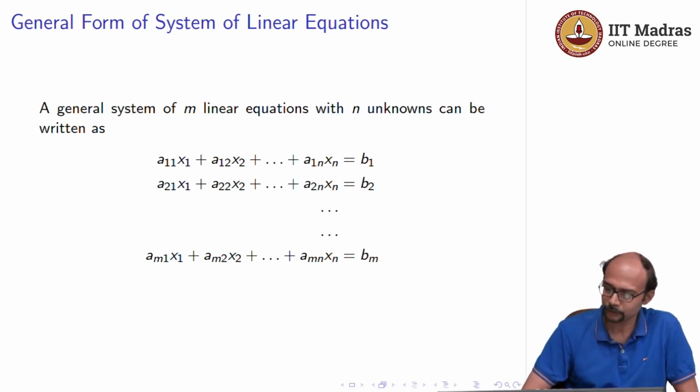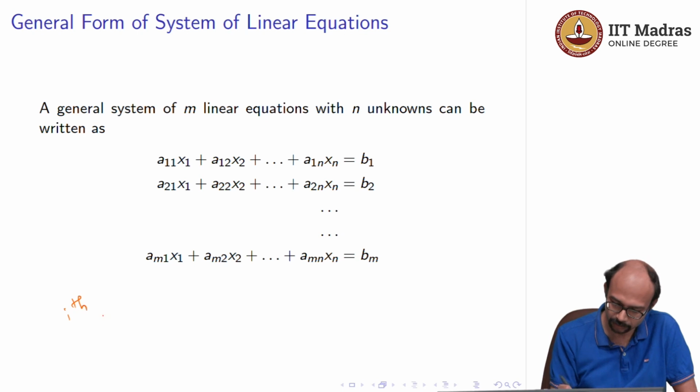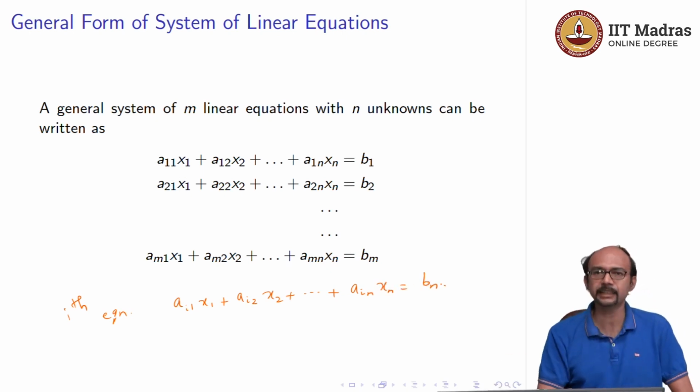If you want the ith equation, it is ai1 x1 plus ai2 x2 plus ... plus ain xn is bi. This is the ith equation in this system.